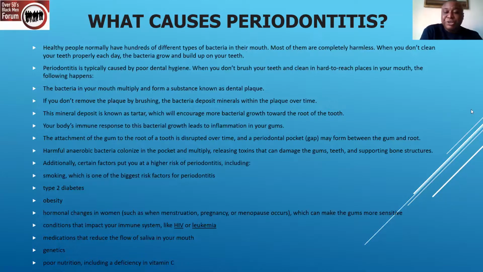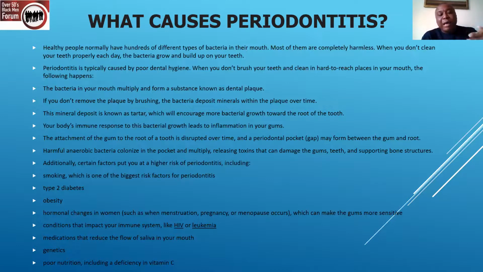It starts off with an inflammation. That's where you get the reddening and the bleeding. Your body triggers an immune response, and there's increased blood supply to the area, because your body is trying to bring in all the cells that would repair the damage. But because the bacteria is protected by the calculus, it actually results in more damage.